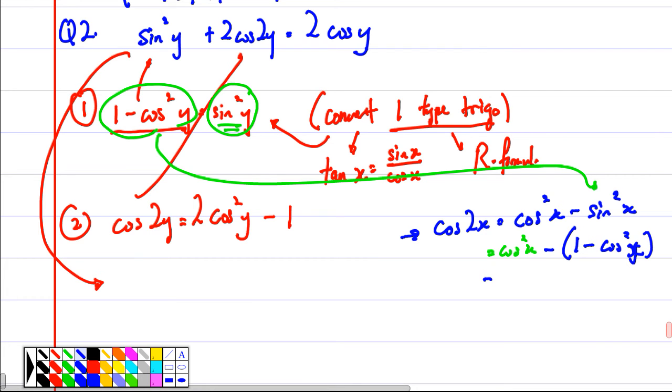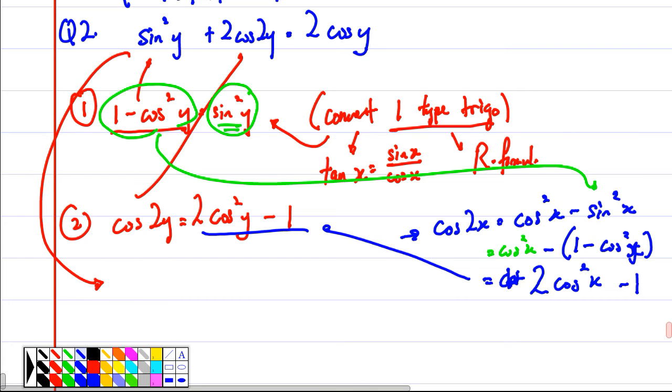And when I expand the brackets, then I have 1 minus 2 cosine square x. Okay, it's different from this, so I did the opposite. It should be minus 1. Then you get back this. If you replace cosine x with this, then you get a third variation. So that's why you have 3 variations.